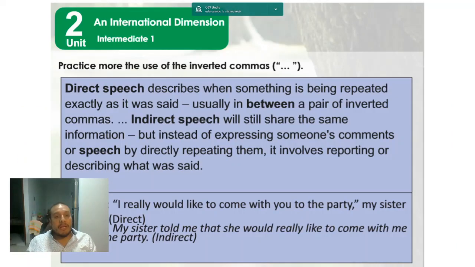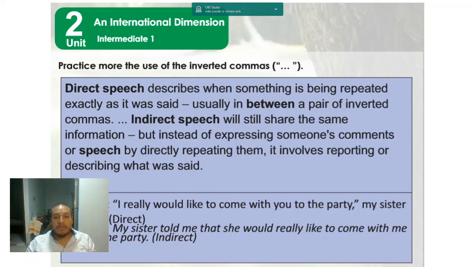On this page, we have the use of inverted commas. I am going to explain, so please everybody listen. Direct speech describes when something is being repeated exactly as it was said, usually in between a pair of inverted commas.